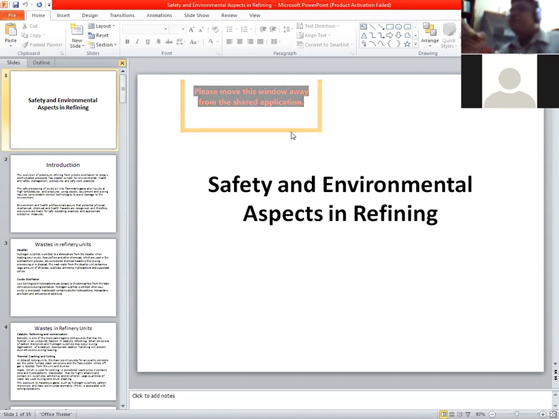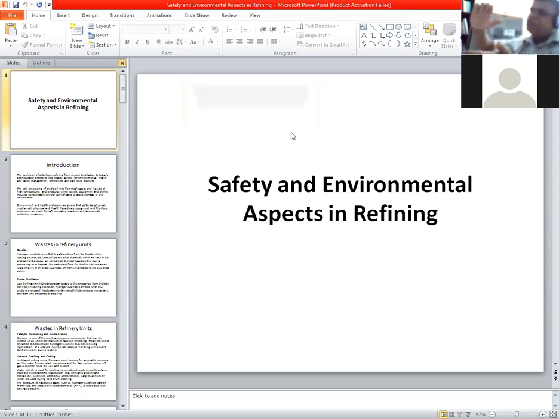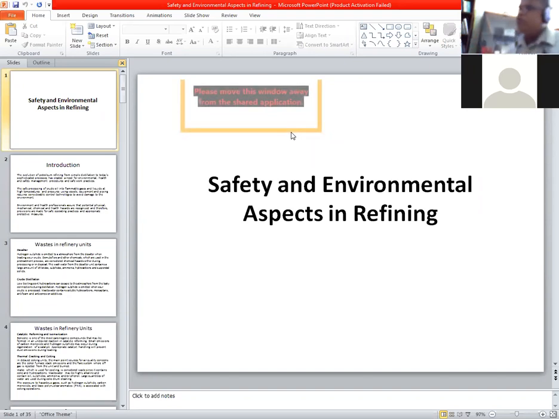But although it is burning out, it should be very high also, because if the height is lower, our environment will be heavily polluted, because combustion activities are carried on. So a lot of carbon dioxide, carbon monoxide, NOx, SOx are also emitted to the environment. So normally that flare system is very high. This is always burning. So this is actually called the flare system.